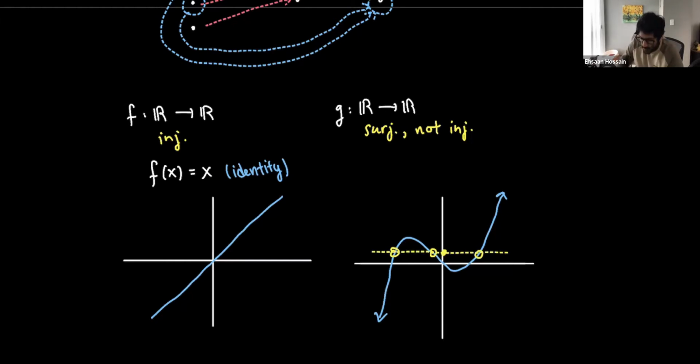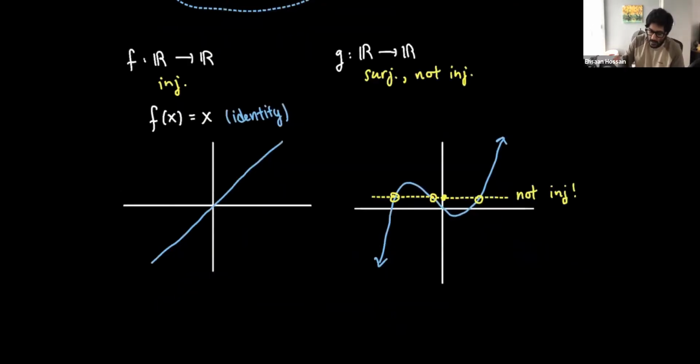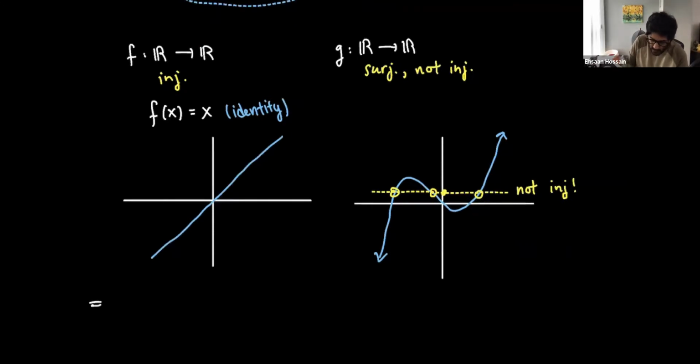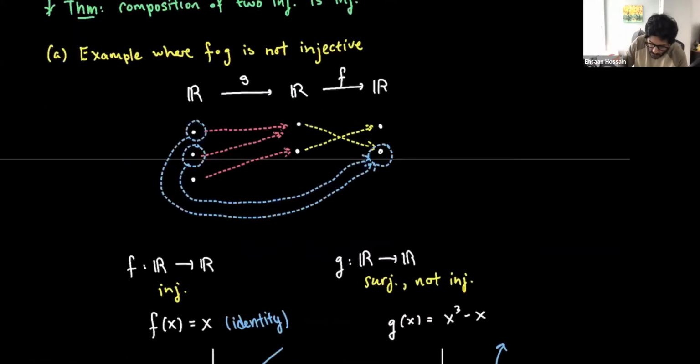So this function is not injective. Good, very good. So this example will work. I'll leave you to check that if I take g of x to be x cubed minus x, then what we were trying to see, f o g is not injective.